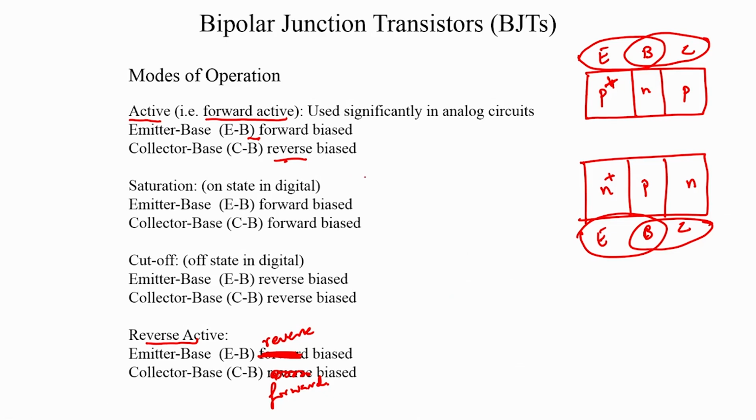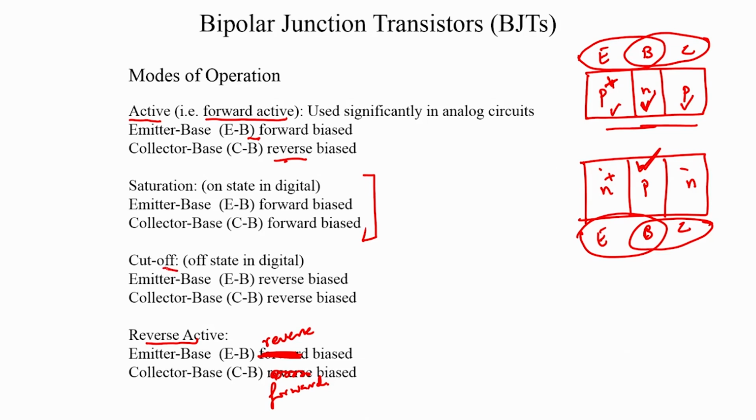In saturation mode operation we forward bias both junctions. So this diode is forward biased and that diode is forward biased, which means that this voltage is going to be higher than that voltage, and this is going to have a larger voltage as compared to the other two sides.